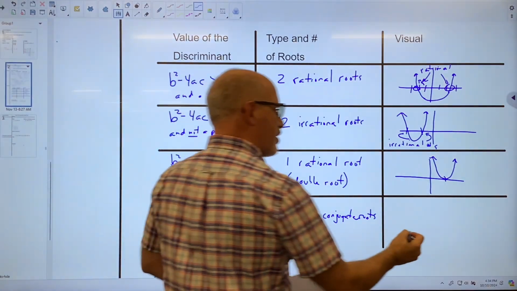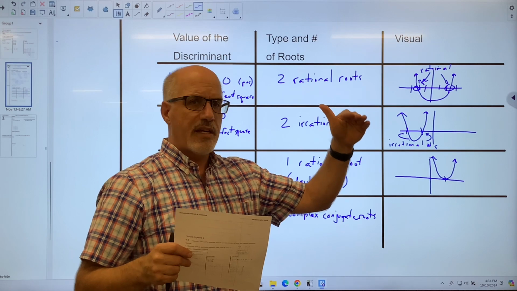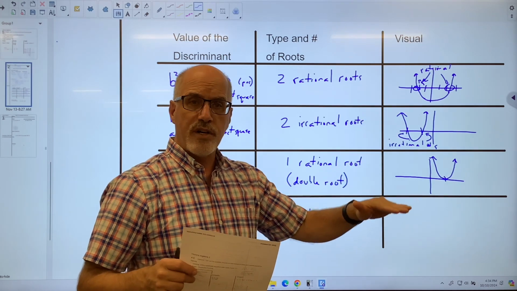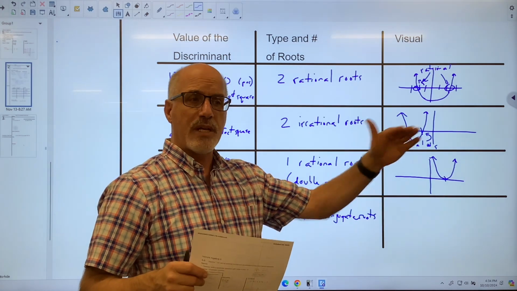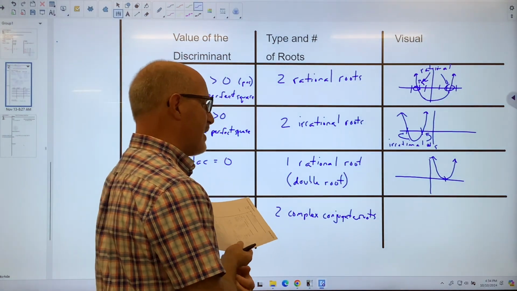So you might have, for instance, 2 plus 3i over a number and 2 minus 3i over a number. So they're going to be conjugates when it comes to the answers.